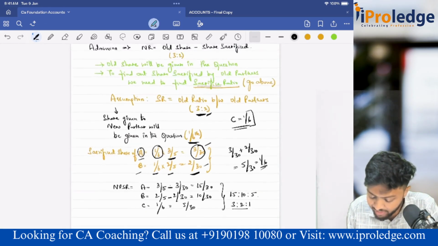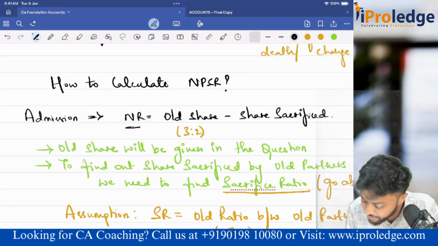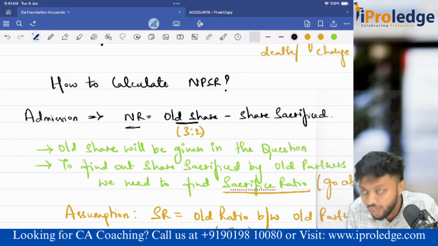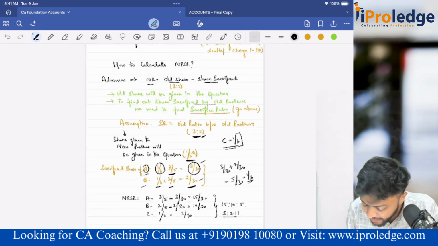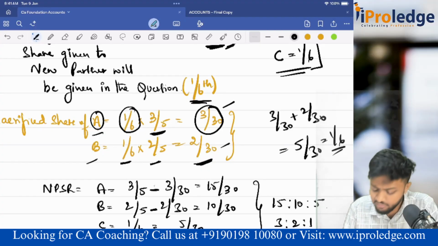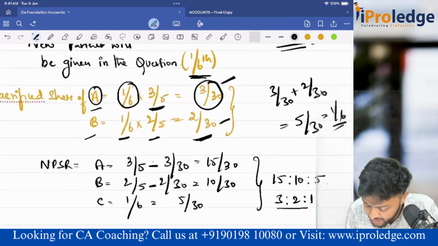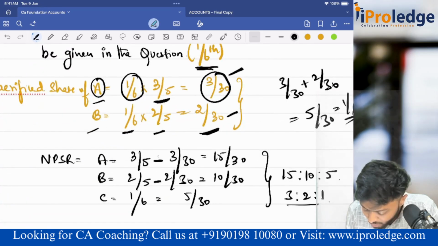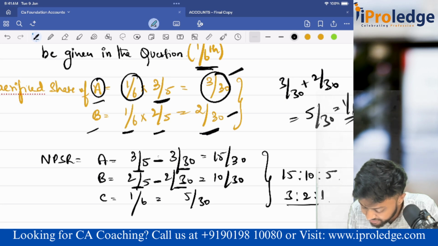Now we can easily find out the NPSR. What is the formula for NPSR? I told you, old share minus share sacrificed. Old share we already had, 3/5 and 2/5, and the share sacrificed we just calculated: 3/30 and 2/30. So let's apply the formula: old share minus share sacrificed.